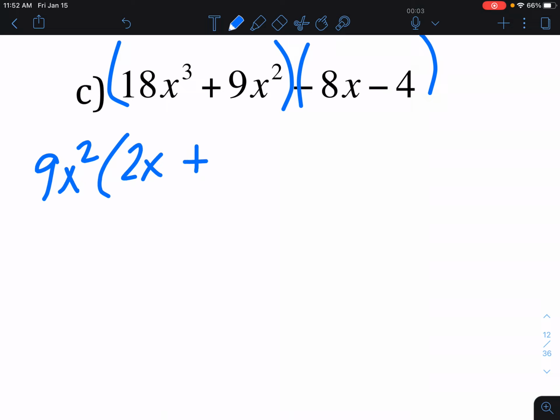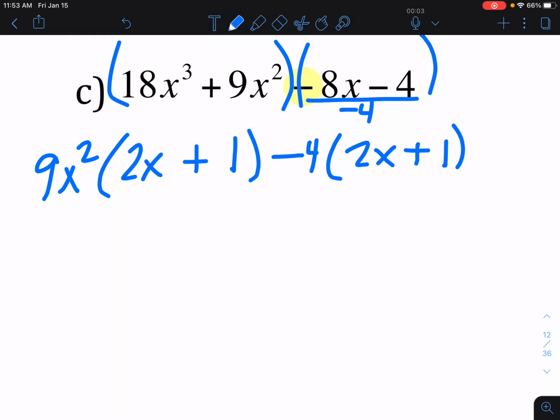Plus 9x squared over 9x squared is just literally the number 1. The second group starts with a negative, so that means we got to pull out a negative, and it would be negative 4. So carefully divide by negative 4, and that'll give you 2x plus 1. Notice they match. 2x plus 1's match. We are good to rewrite.